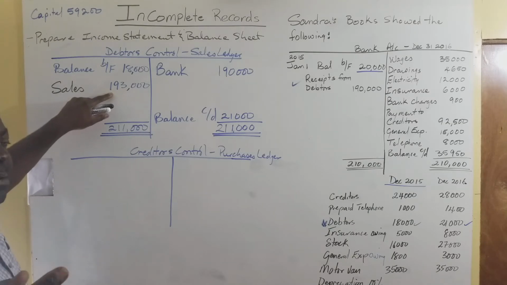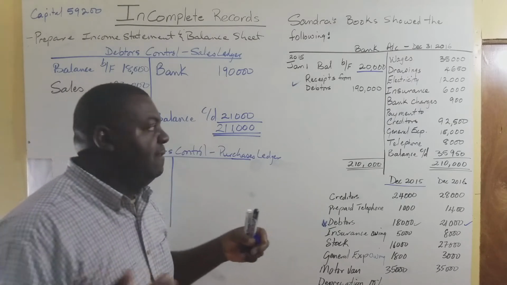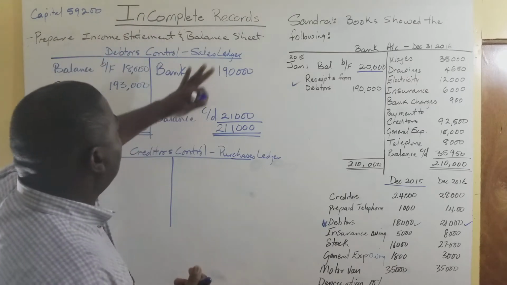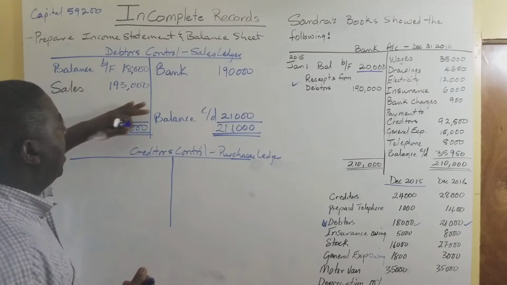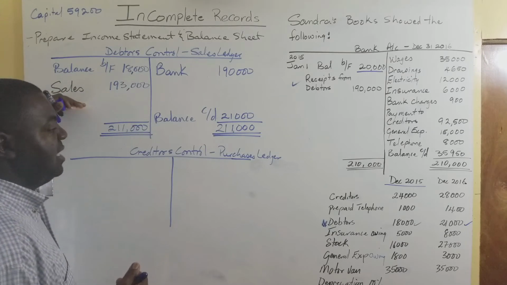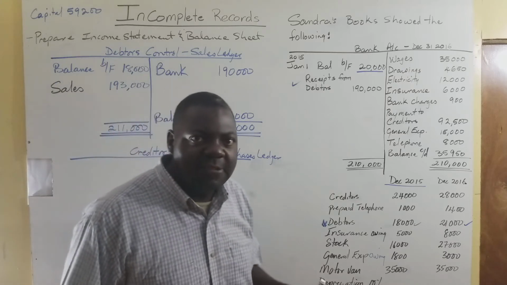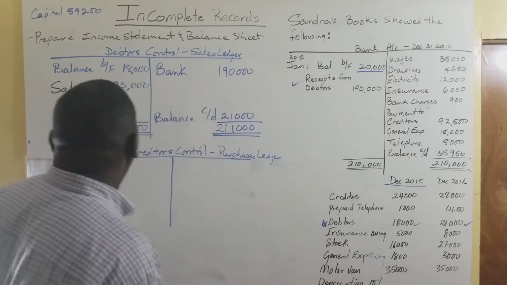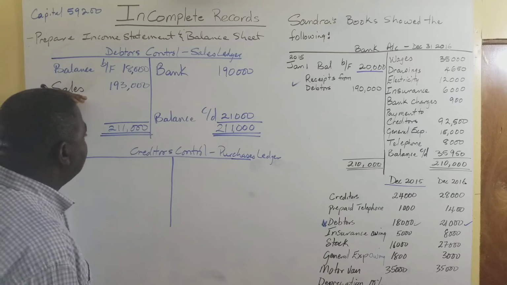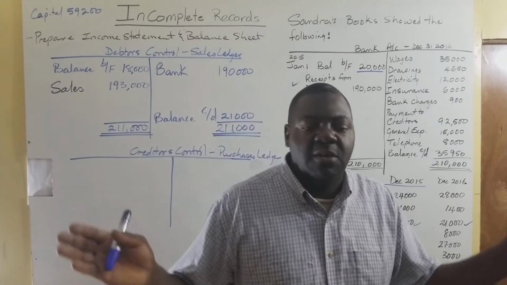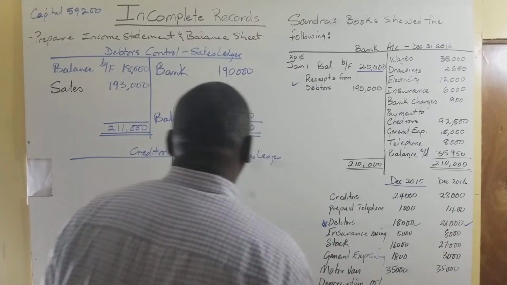Now, there are times we will receive a question where, most times in the debtors control, we are obtaining credit sales. There may be a situation where there are cash sales. So you would be adding the credit sales that you have here plus the cash sales provided in the question, and you add those two together to give you the total sales.